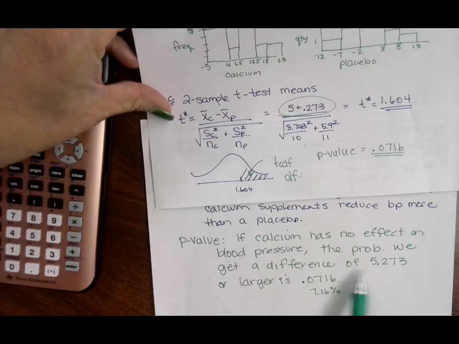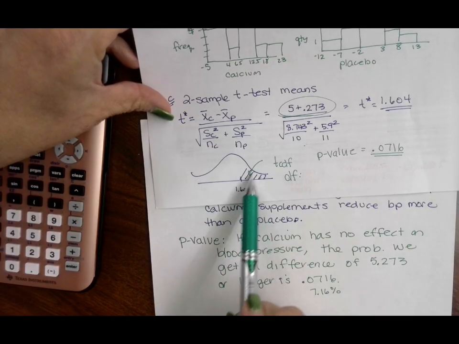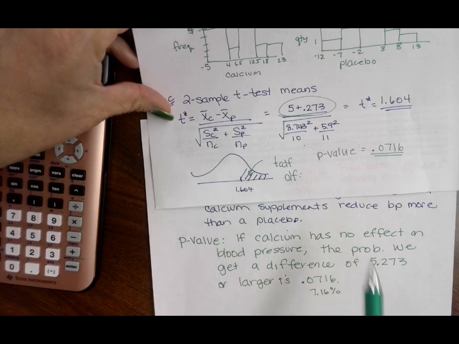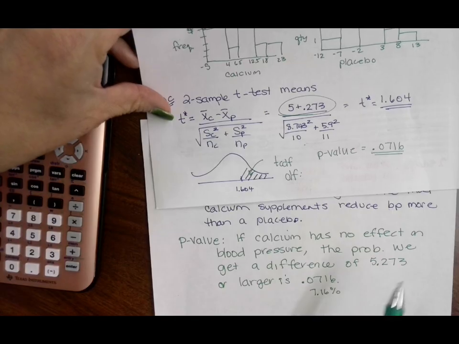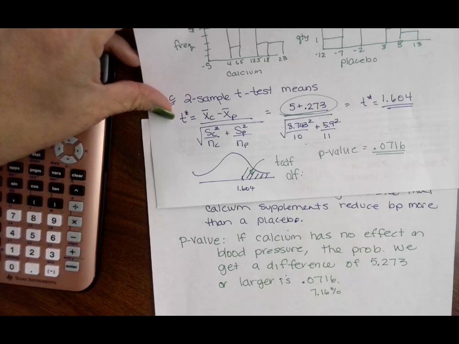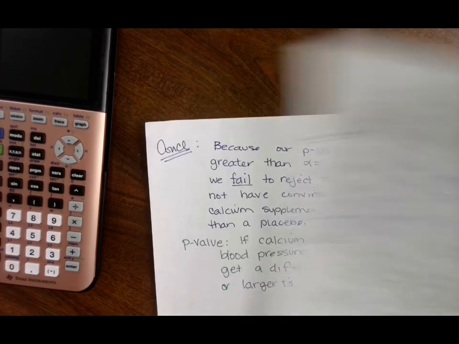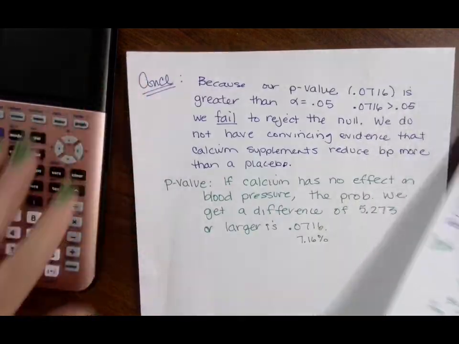So the probability we get a difference of 5.273 or larger is 7.16%. Make sure when you're reading your problem statement, you go back and have all of the context included in there.